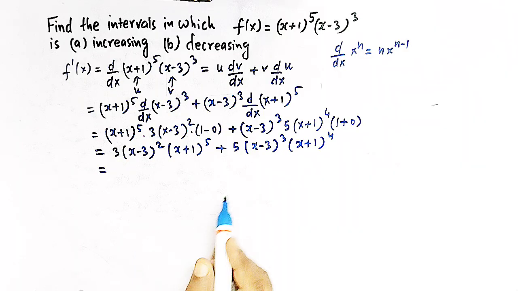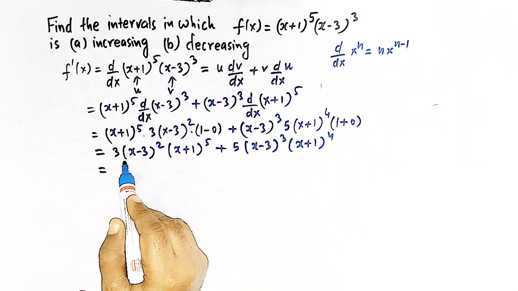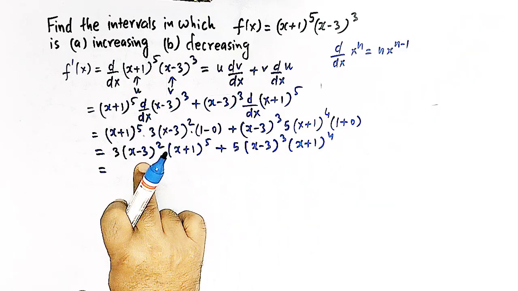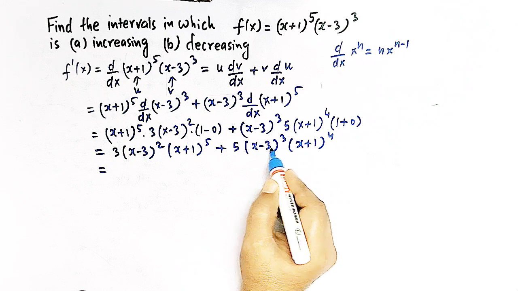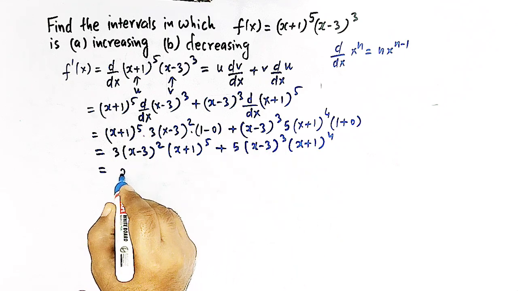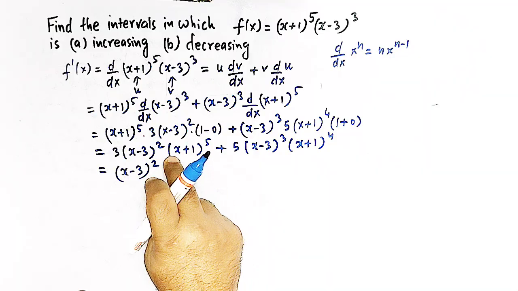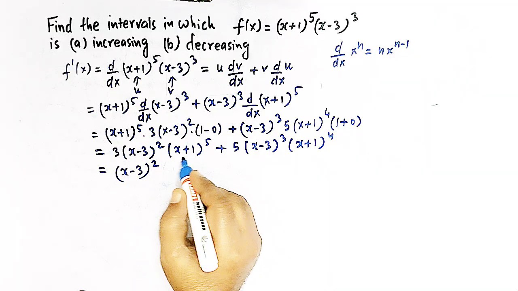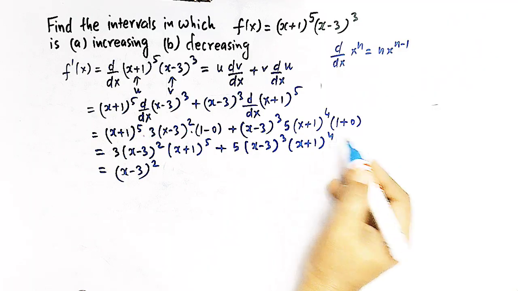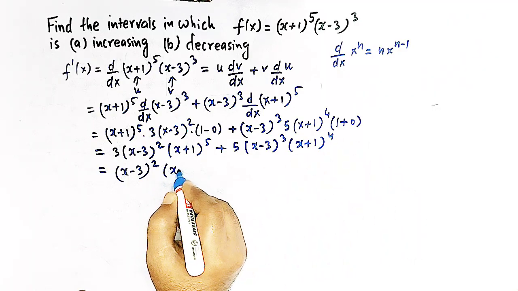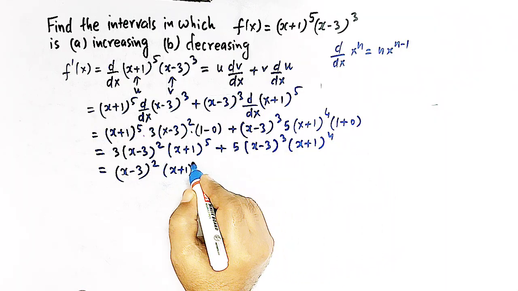Now let us take some expressions common from both these terms. Here we have (x - 3)^2 and here (x - 3)^3, so we can take (x - 3)^2 common. Here we have (x + 1)^5 and here (x + 1)^4, so we can take (x + 1)^4 as common.